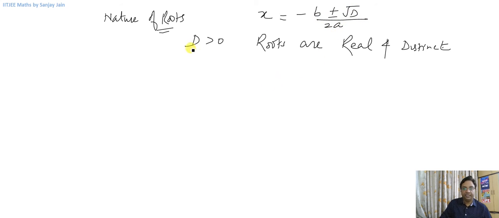So if D is greater than 0, the number under the radical sign will be positive, hence the roots will be real and distinct because there is a plus minus sign. There will be one root with a plus sign in front of this root D, and another root with a negative sign in front of this root D.